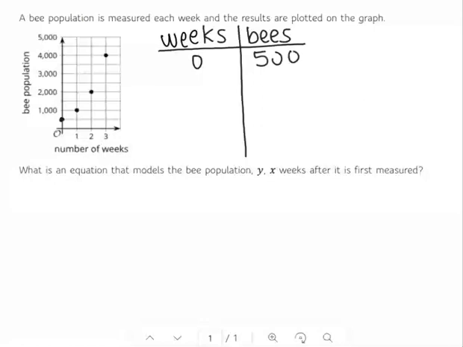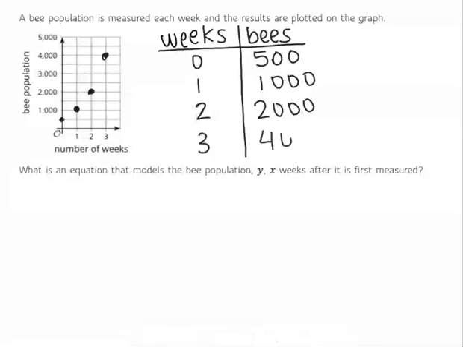So initially, we start out with 500 bees. Week 1, there are 1,000 bees. In week 2, there are 2,000 bees. And by week 3, there are 4,000 bees.